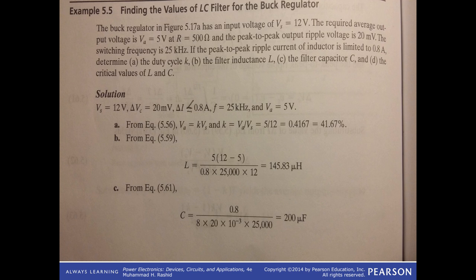If you divide by 1000, then this one is 0.145 Henry. If you divide by 1000, it becomes millihenry.